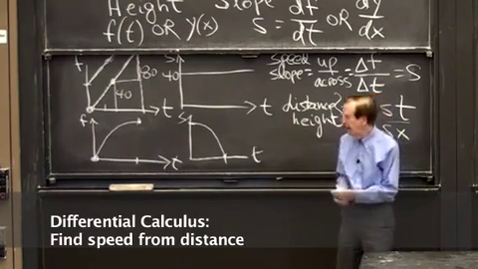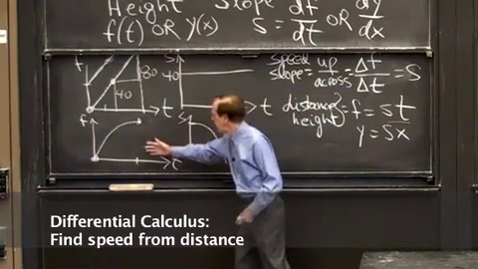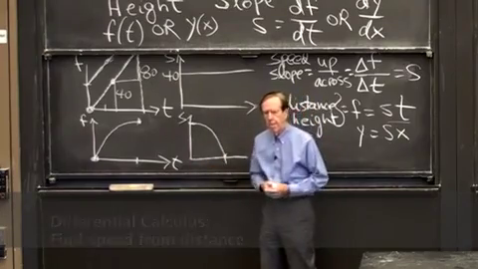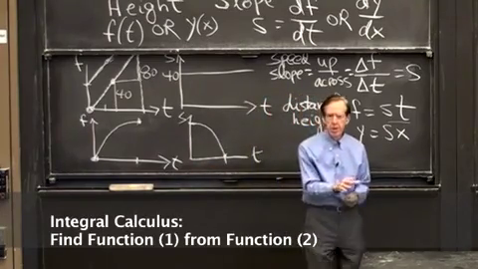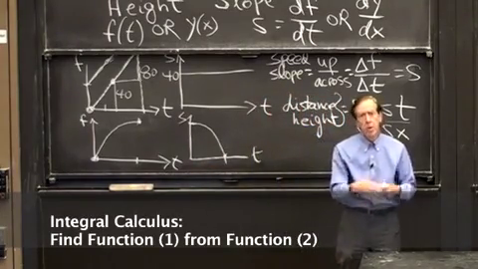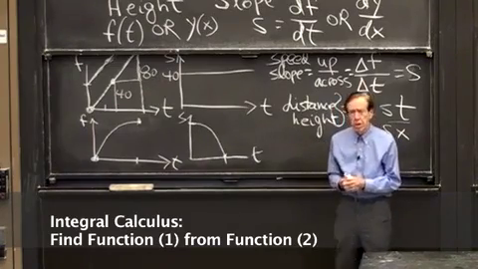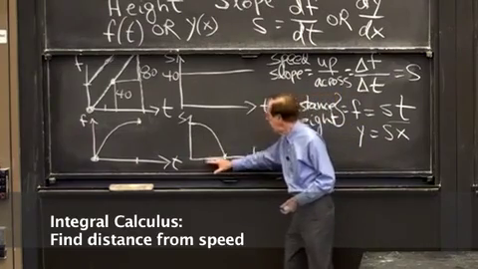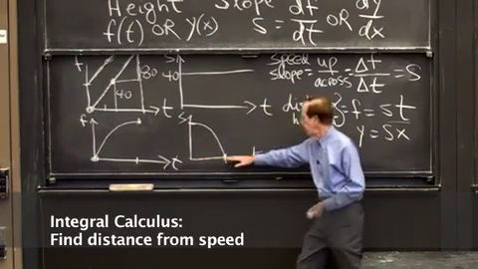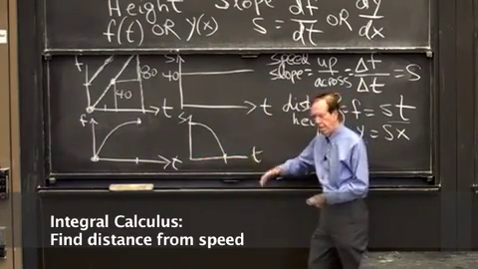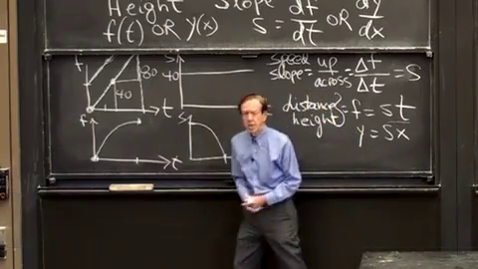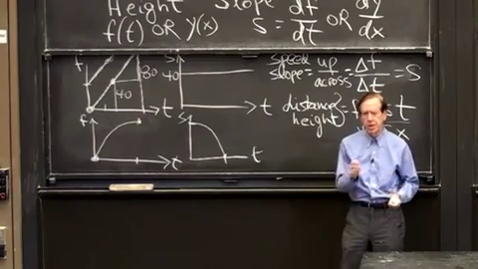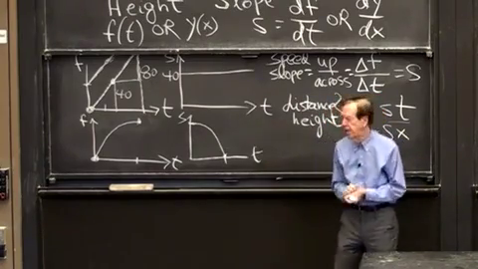Big, impressive word, anyway. That's function 1 to 2, finding the speed. Going the other direction is called integral calculus. The step is called integration, when you take the speed over that period of time and you recover the distance. So it's differential calculus in one direction, integral calculus in the other.